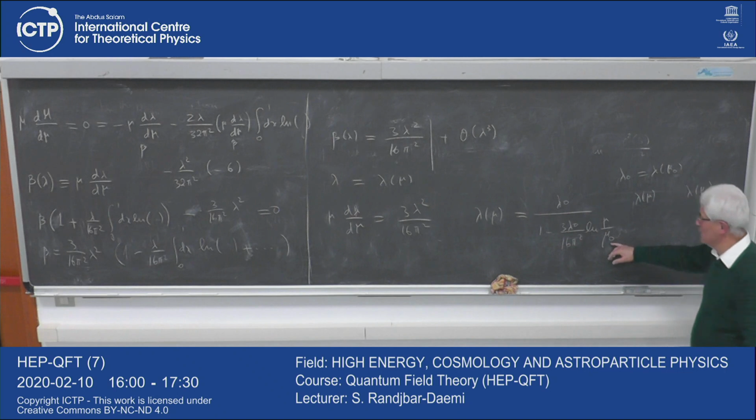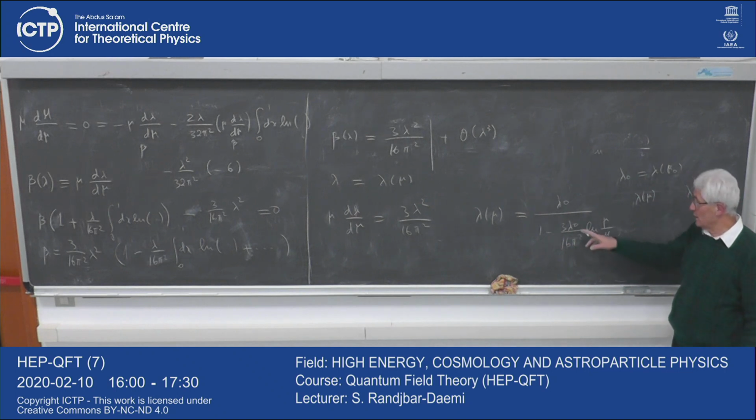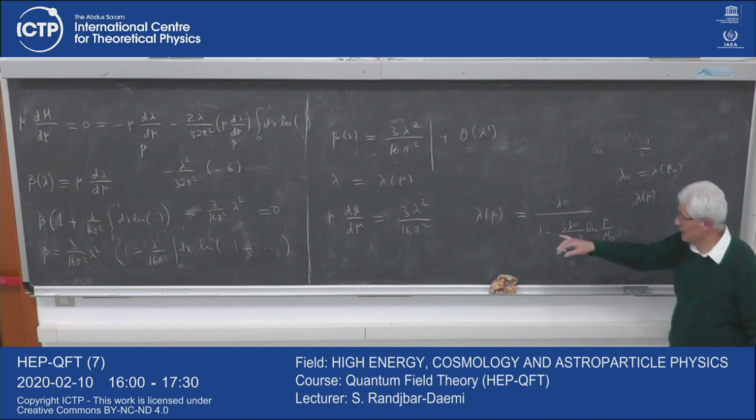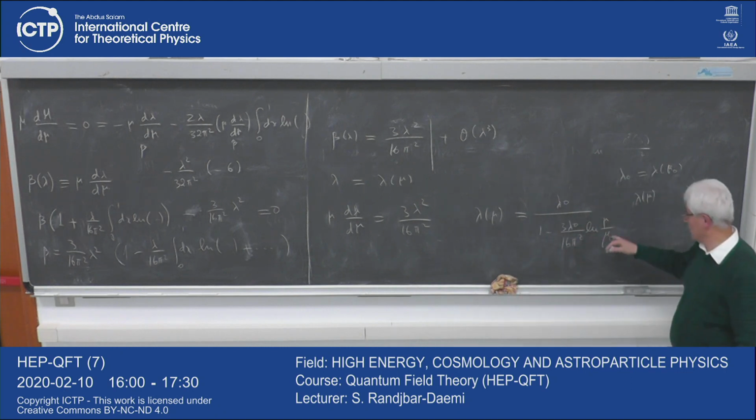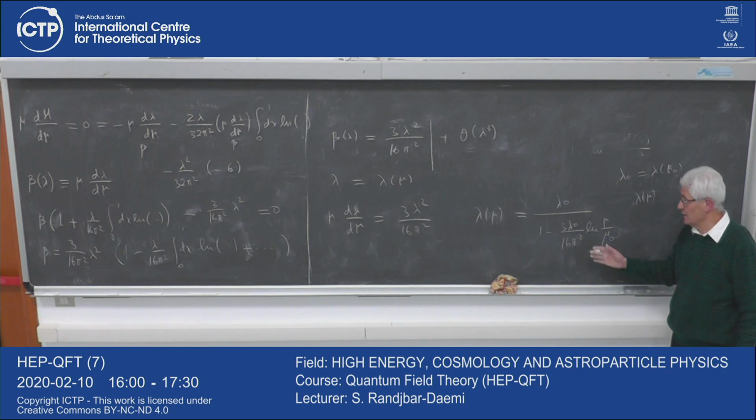Assume that you start from mu0, where lambda 0 is very small. Then the perturbation theory will be reliable in that domain. But then you go to a value of the mass or energy which is much larger than mu0. This term will start growing. Even if lambda 0 is very small, after some time this term becomes large, and it will be comparable to 1.